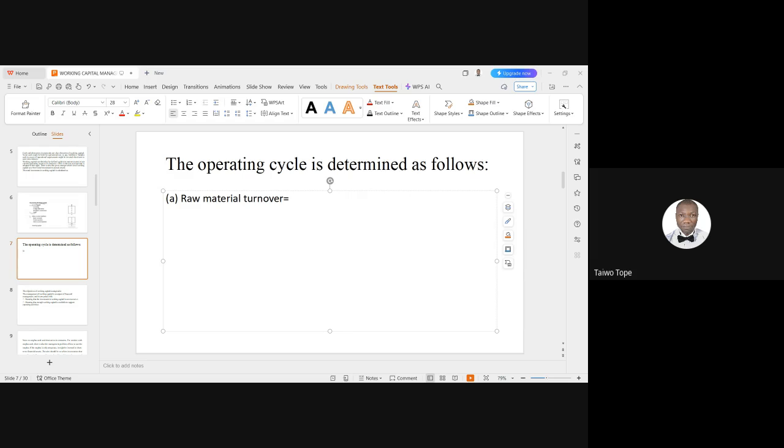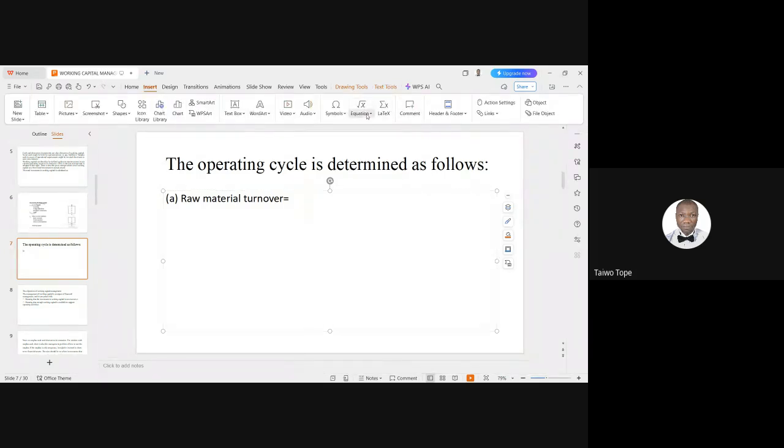But on a general note, for you to determine your raw material turnover, it will be your average raw material inventory or stock.